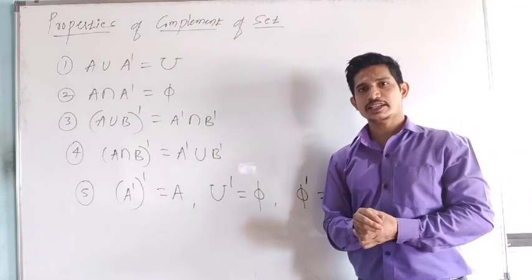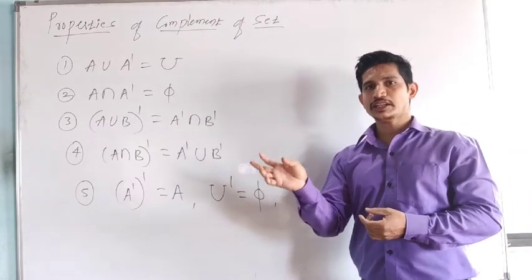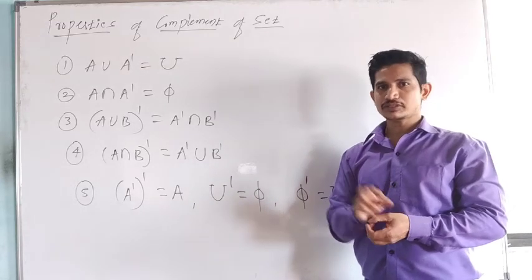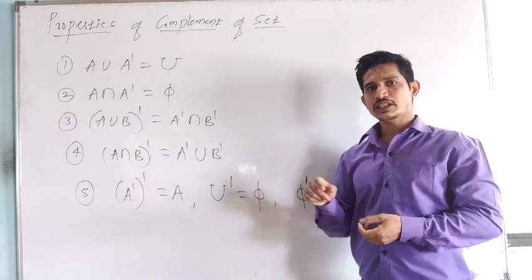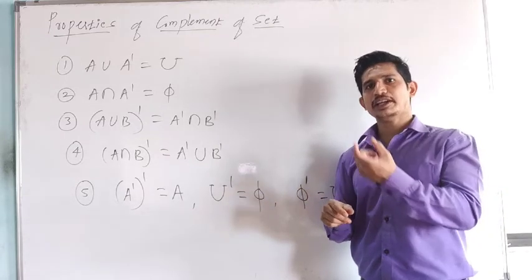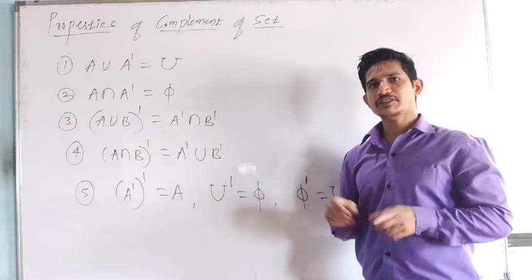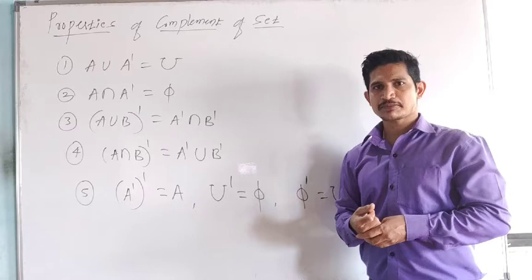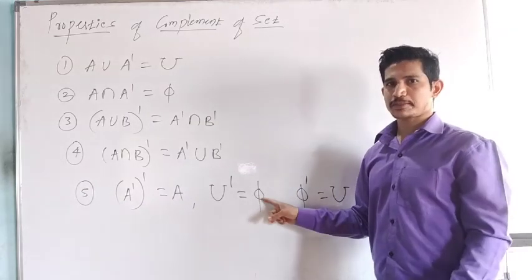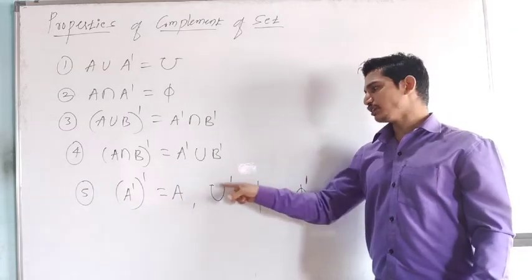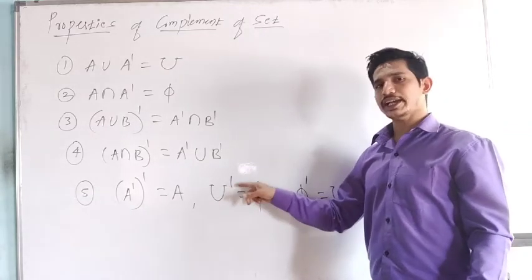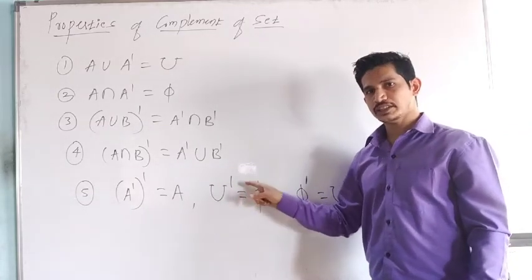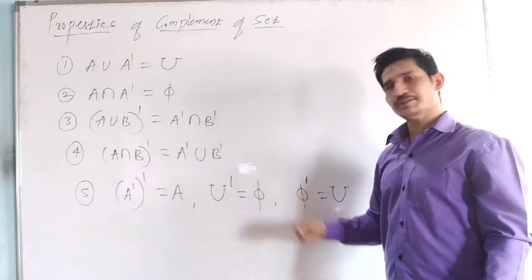Universal set minus universal set. If I subtract the universal set from the universal set, empty will come, nothing will come. So empty means phi. So U its dash, the complement of the universal set, is an empty set.